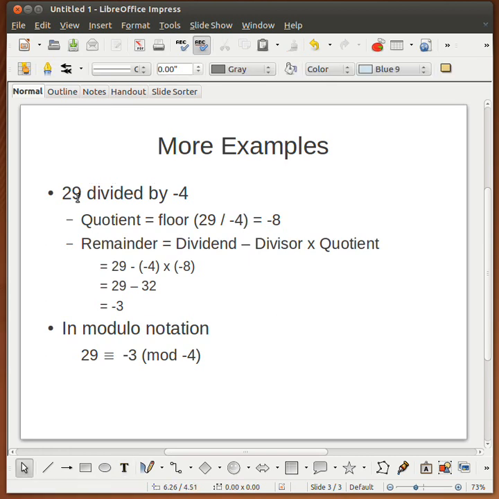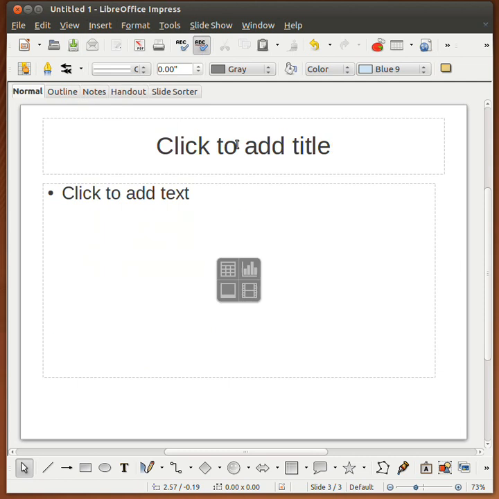We will look at one more example in which both of them are negative. And as you can expect, the remainder is going to show up as -3. What about the quotient? It will be positive, but what will be the value of the quotient? I think you can guess it right, but let us do the example. It's an easy guess.